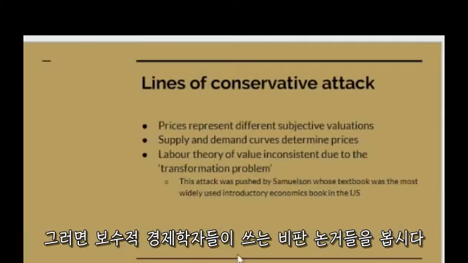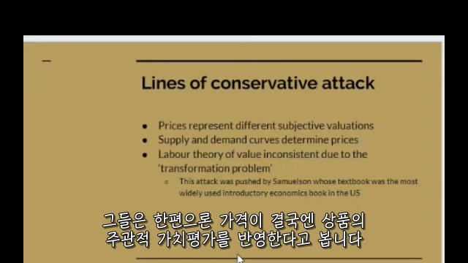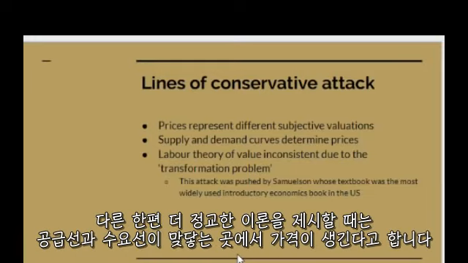Let's look at some of the lines of attack that conservative economists have used. On the one hand, they've said that prices in the end represent subjective valuations of commodities. On the other hand, when they present a more elaborate theory, they say that where you get a price, it's where you get the intersection between what are termed a supply and a demand curve.